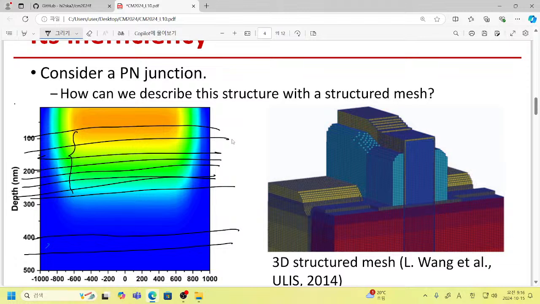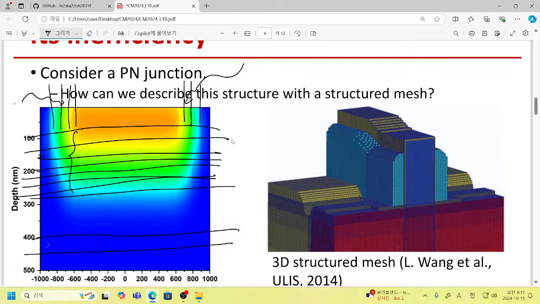But the point is, this system is no longer just a one-dimensional one, and here you can see that also here and there the doping density changes quite rapidly in this lateral direction. So it means that you need to also introduce a relatively fine mesh at this point and a relatively fine mesh for this point.